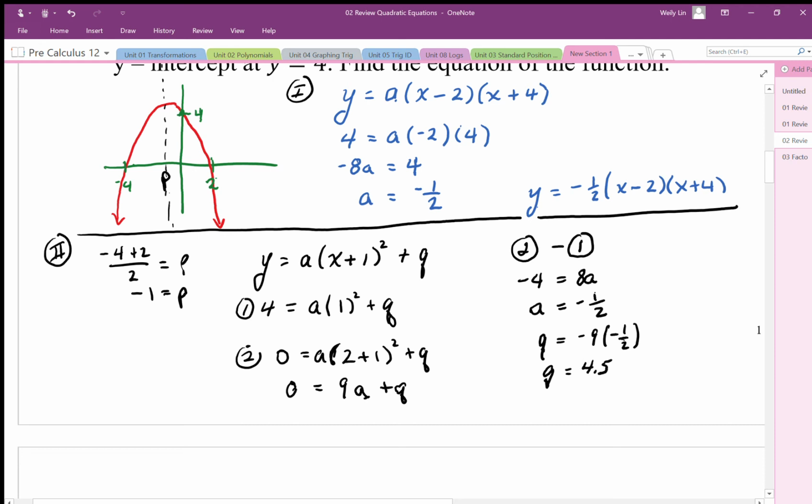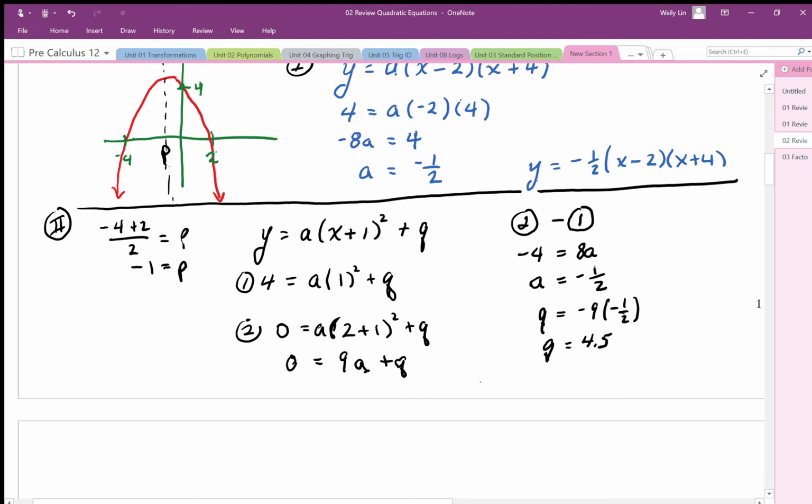So there's my q value. And so I have an equivalent equation here. y equals negative 1/2. That's the right a, because I got negative 1/2 up here. (x plus 1) squared plus 4.5. So there's my equation.